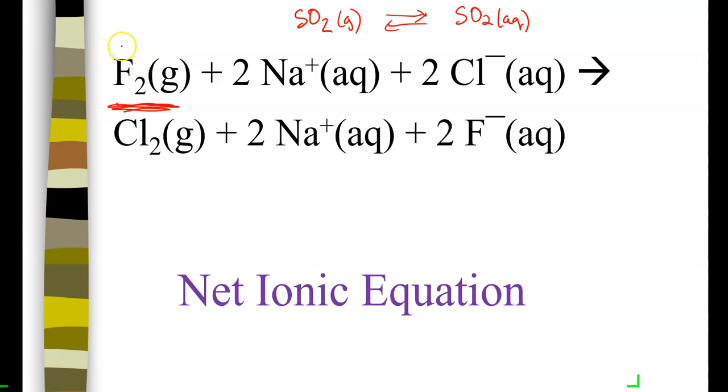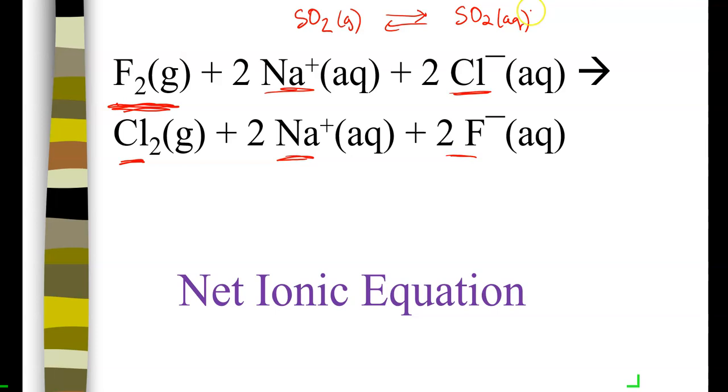So the same way this fluorine doesn't dissociate, but the sodium chloride is an aqueous solution and it separates into its ions. On the opposite side, on the product side, we have chlorine gas that stays as chlorine gas, Cl2, doesn't separate. But the other compound, sodium fluoride, does separate into its ions.